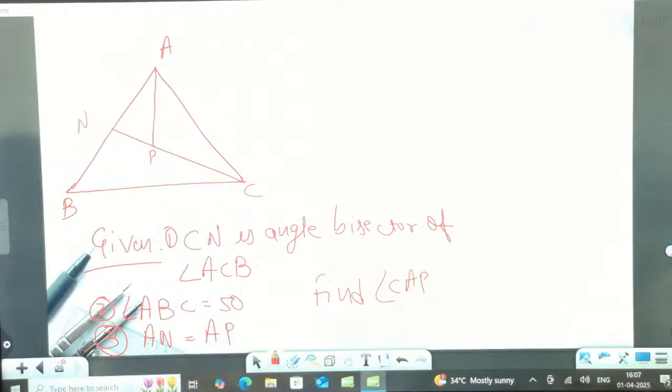This is given and this you have to find out. In this given figure, CN is the angle bisector of angle ACB. Angle ABC is 50 degrees, where side AN equals AP. You have to find the value of angle CAP.